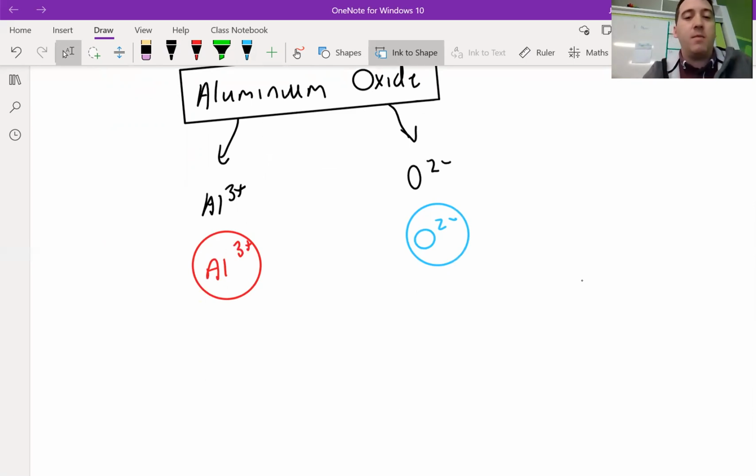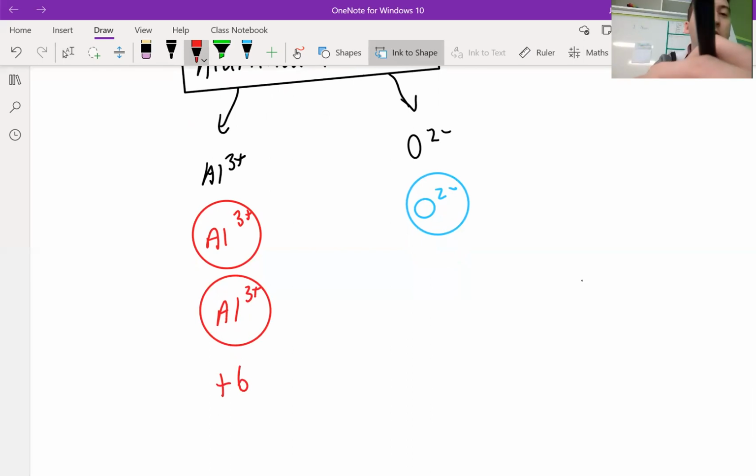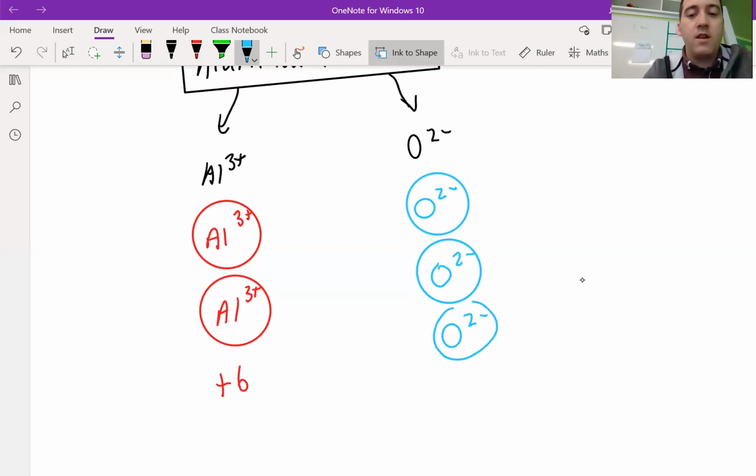But if we double the number of aluminiums, Al3+, add another one of these, then altogether we have a +6 charge. Now we still have a -2 charge, but we could put in another one, O2-. Now we have a -4. And what about another one, O2-? Now we have a -6 charge. So now they have balanced out.